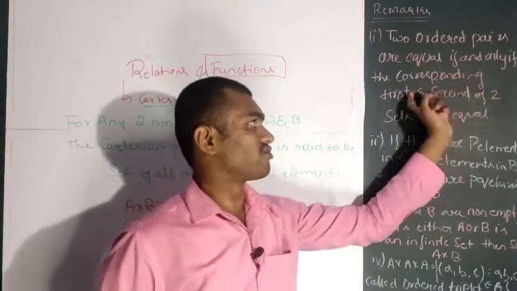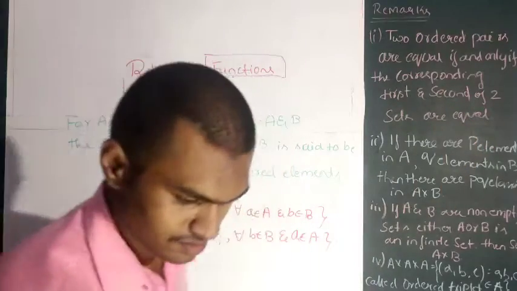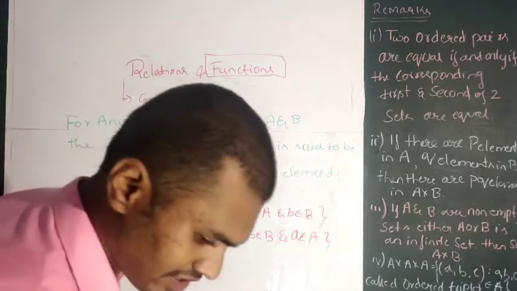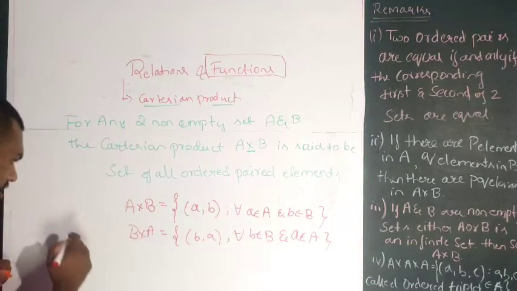the corresponding first and second elements are equal. Here we have A comma B, and I will take this as general, I will explain simply.